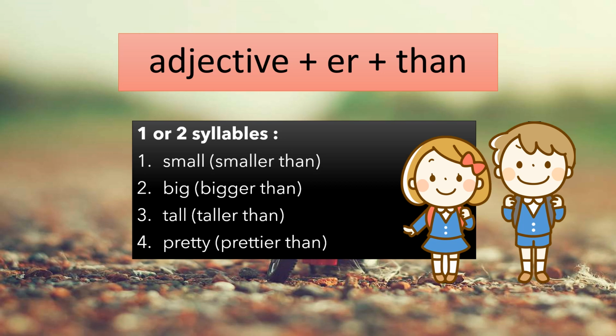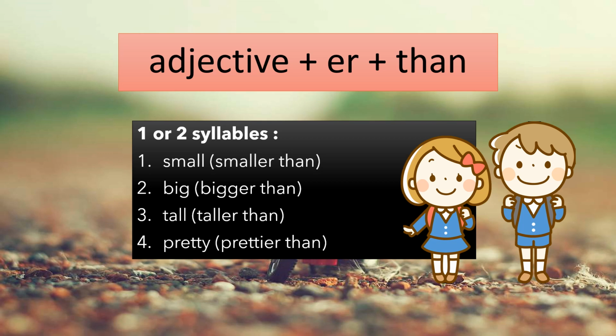What do we mean by one or two syllables? Syllables is like suku kata. Okay, the pronunciation: small is one syllable, big is one syllable, tall is one syllable, and pretty is two syllables. Thin is one syllable, like the sound of the words. If one or two syllables only, we can add er and then than in the sentence.